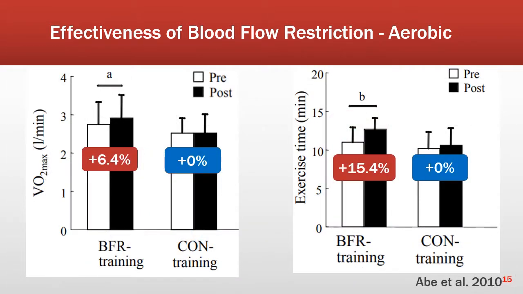Okay, when you're looking at VO2 max, there was again a change, plus 6.4% for the BFR group, and as far as their exercise time, 15.4%, and that's exercise time to exhaustion. So again, it's actually really startling, right? 12 hours less of exercise, yet this group consistently prevails in every outcome.